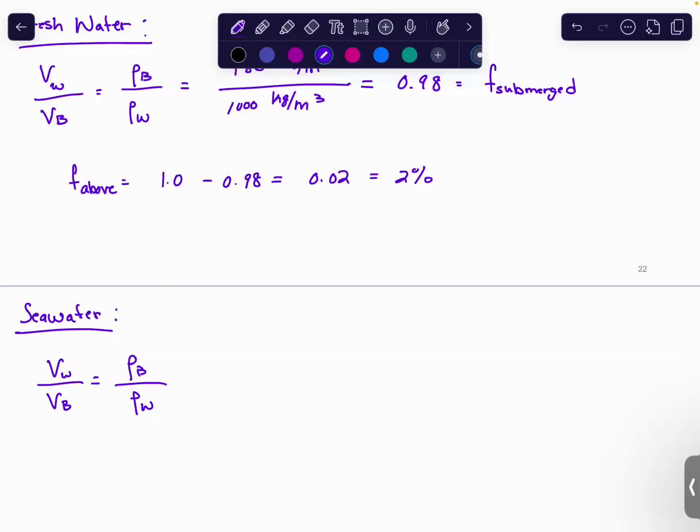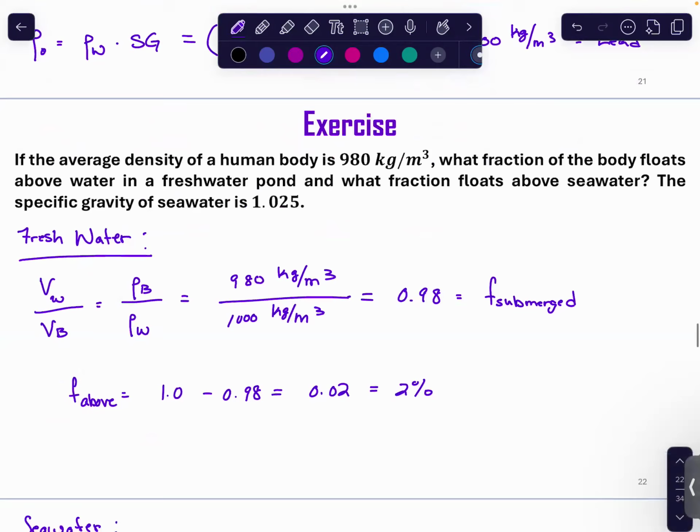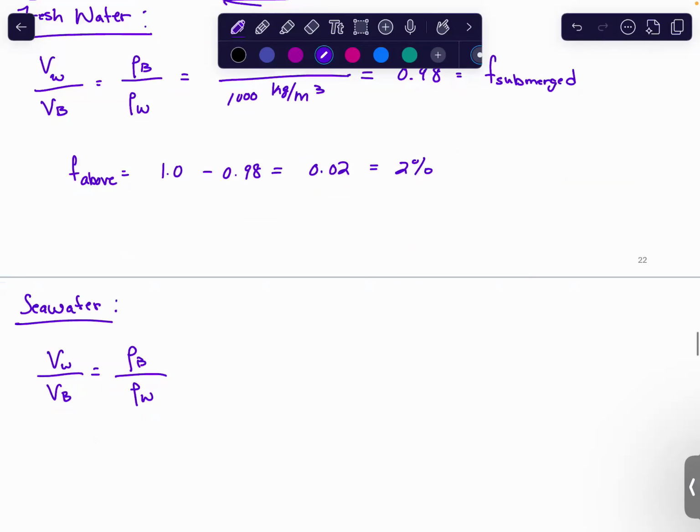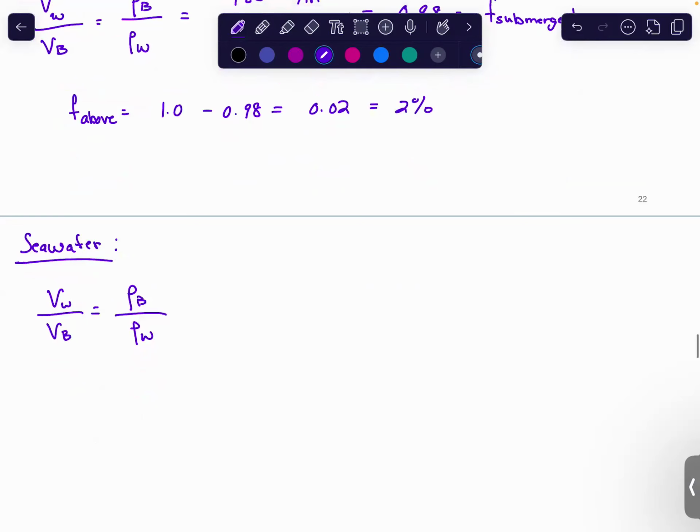How do you think we find that? We have a specific gravity. Now, how do you think we work with the specific gravity of the seawater? We'll use SW instead of W. Density of the seawater over what?